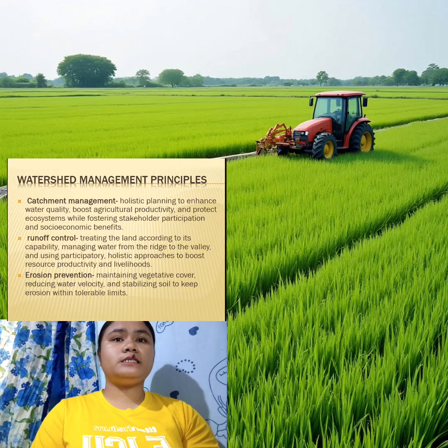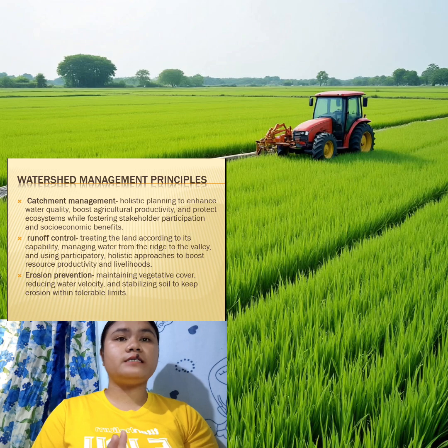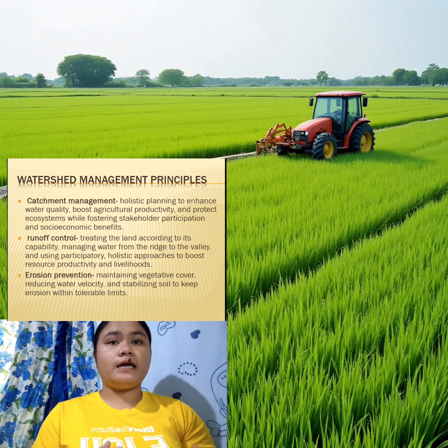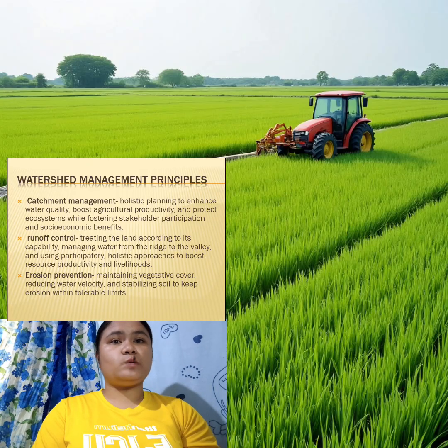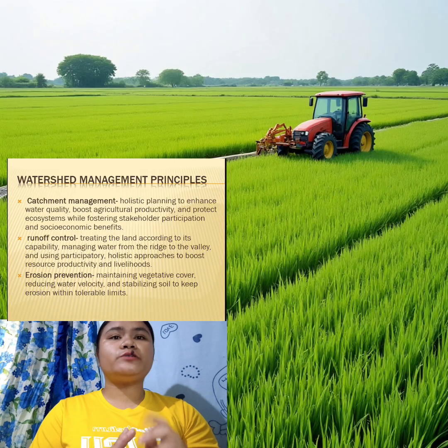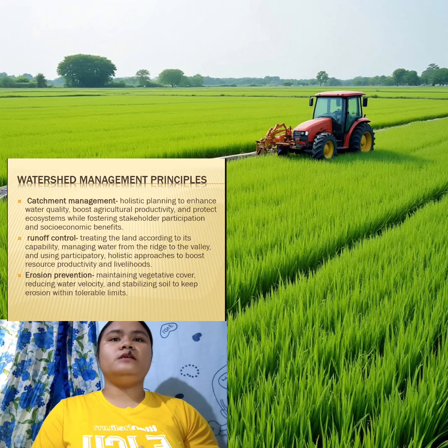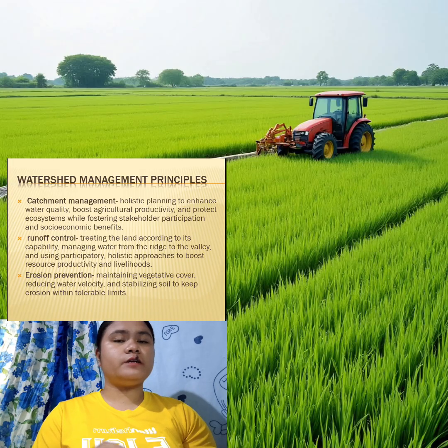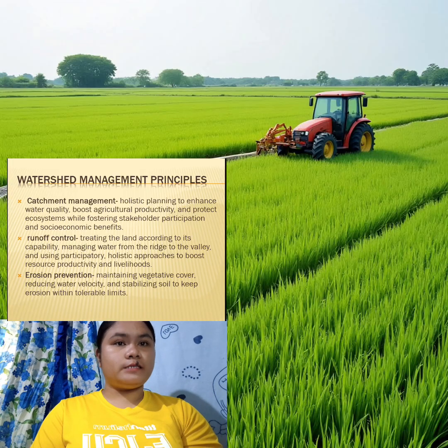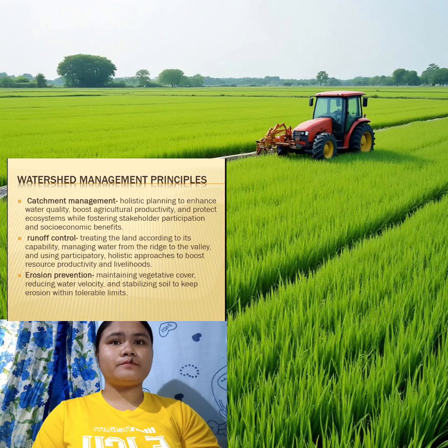The third one is erosion prevention. Erosion prevention focuses on maintaining vegetative cover, reducing water velocity, and stabilizing soil to keep erosion within tolerable limits. Soil erosion is one of the biggest threats to long-term agricultural productivity. When the topsoil is lost, fertility drops, water retention decreases, and crop yields decline.